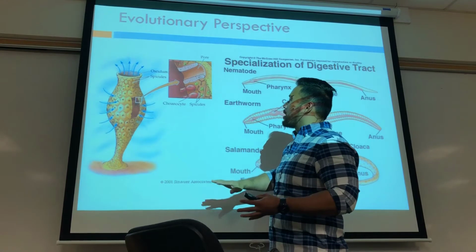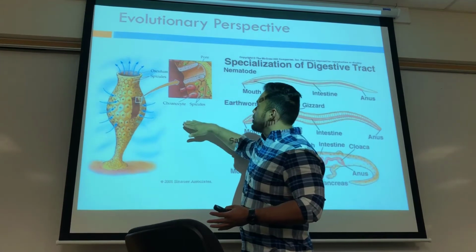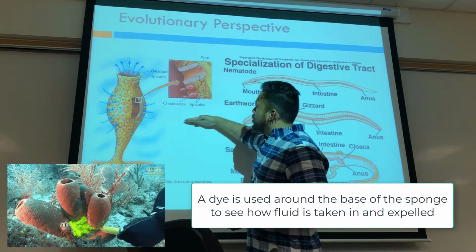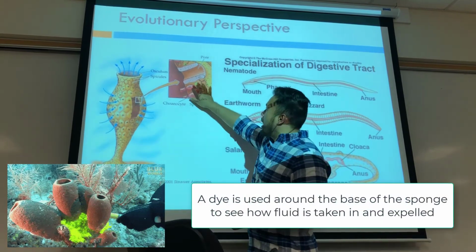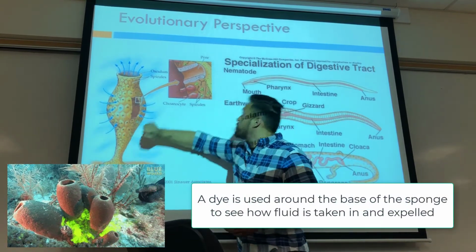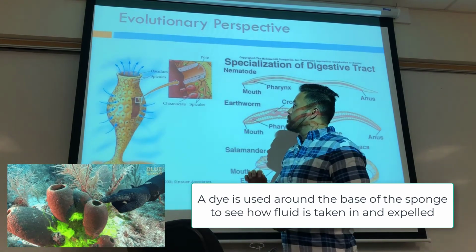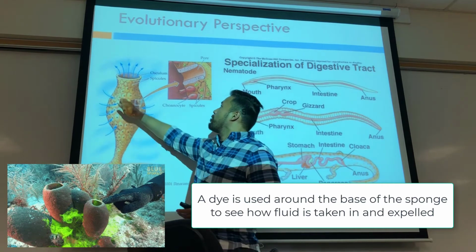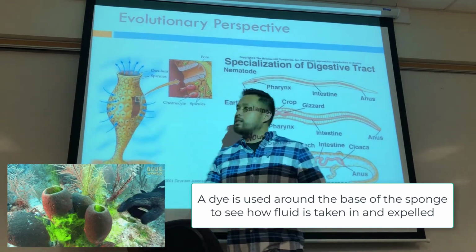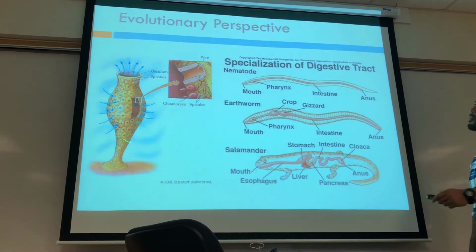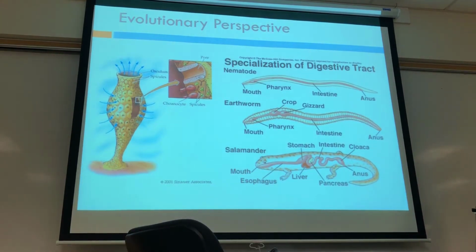And by absorbing water, I mean it's actually taking in water through these pores. And any nutrients that are required by the cells of the sponge get absorbed directly into the cell. And anything that is not absorbed will make its way and it's spit right out through this osculum. So this is one of our early primitive methods of food absorption.